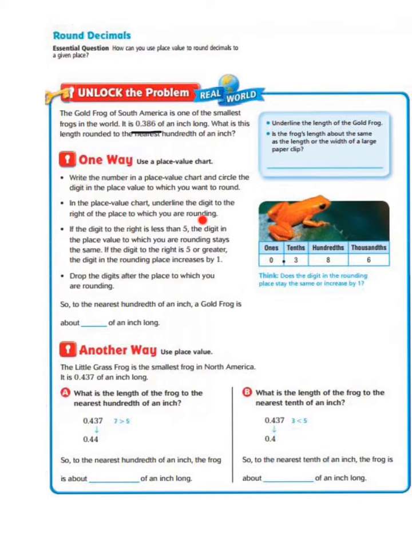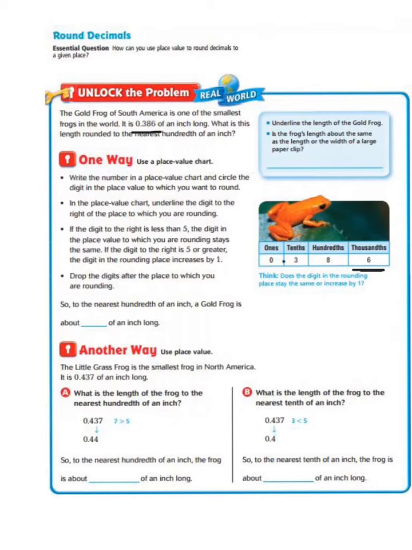Our question is, what is this length rounded to the nearest hundredths? So it says to underline the digit to the right of the place to which we are rounding. Well, we're going to be rounding to the hundredths place. Our place value to the right of that then is the thousandth, or the 6.